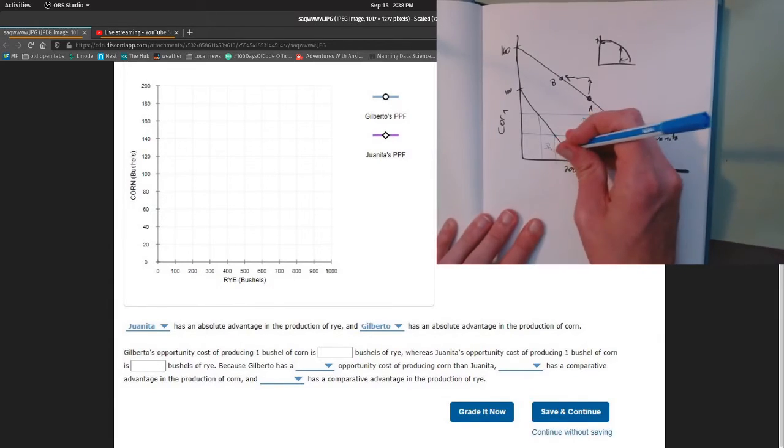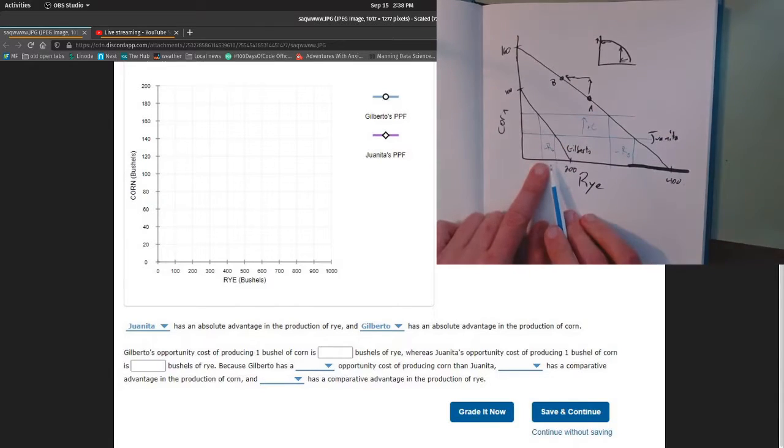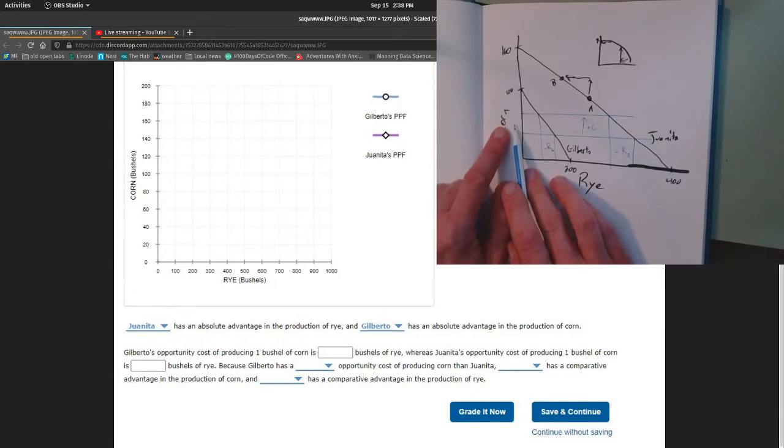We're going to have RG. So how much rye does Gilberto give up to produce an extra amount of corn?